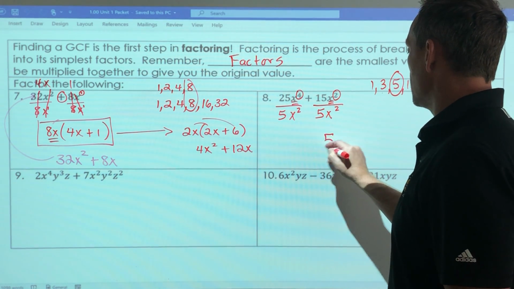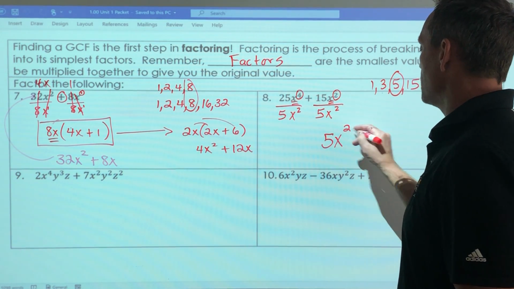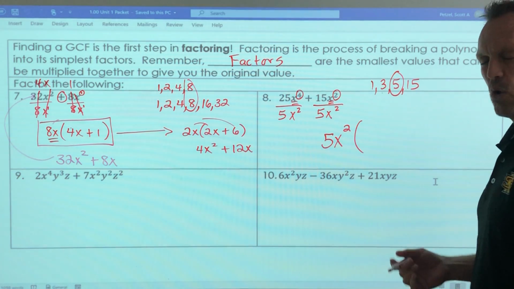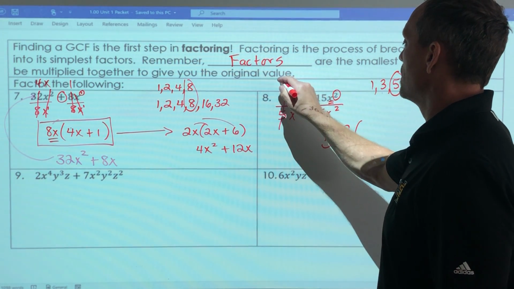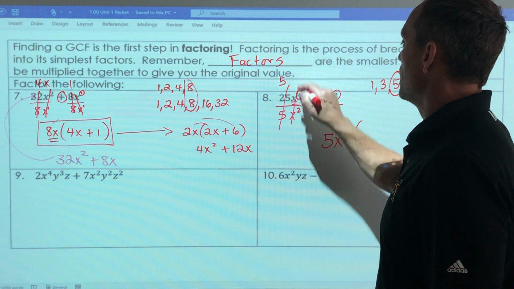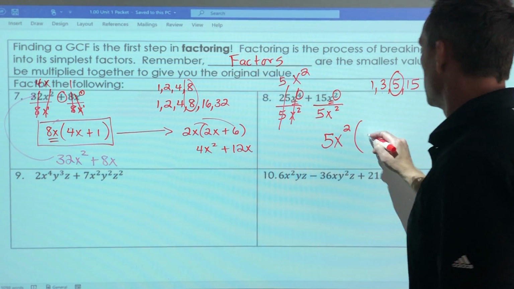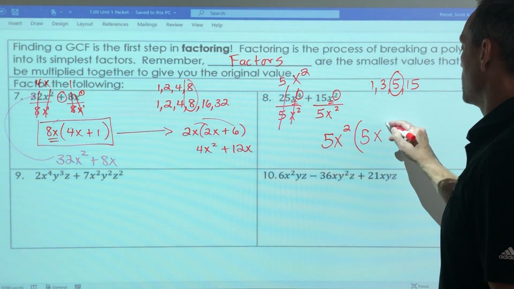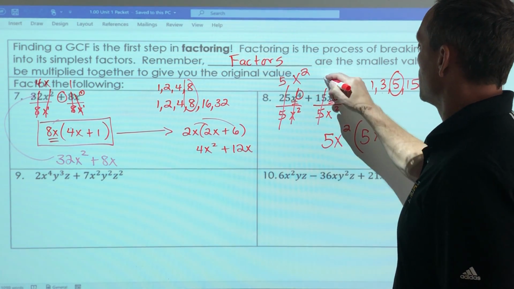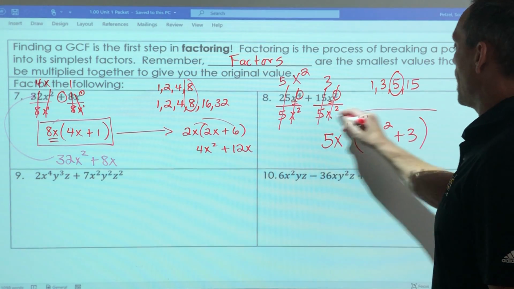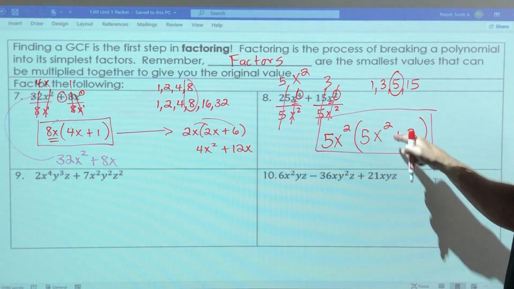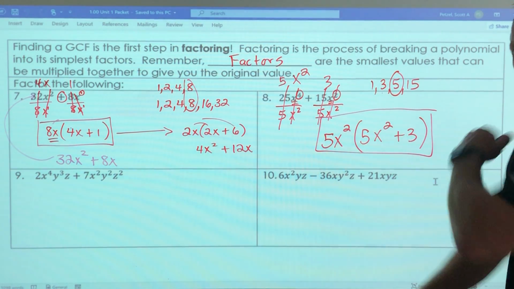So my GCF comes outside. That's what they have in common. What they don't have in common stays inside. So 5x squared and 3 have nothing in common.